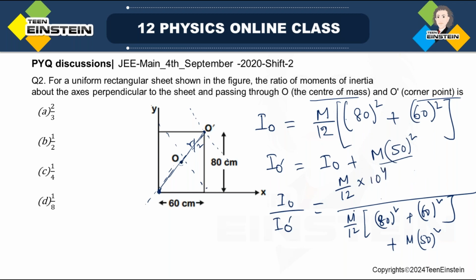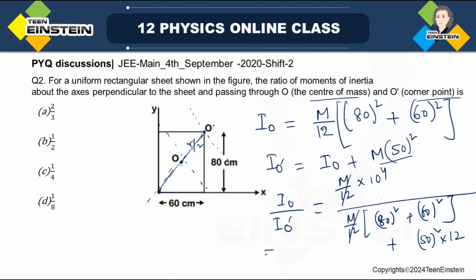Okay, so this m by 12, I can take common and then strike them out, and here I have to actually multiply 12 and this I'll remove.